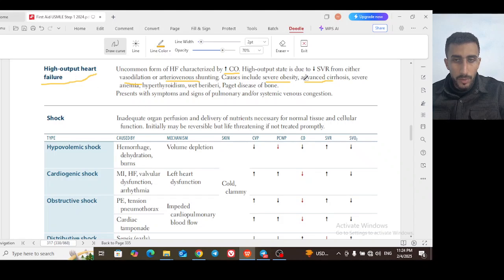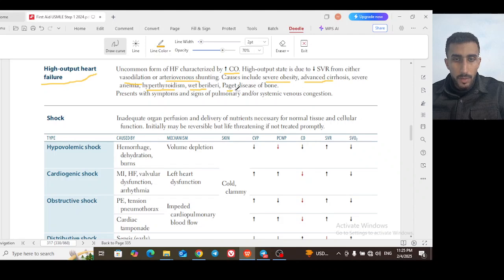high output heart failure. For hyperthyroidism also, there is hypermetabolism and increased catecholamine levels, and this may lead to high output heart failure. With beriberi, due to thiamine deficiency, it also involves vasodilation.